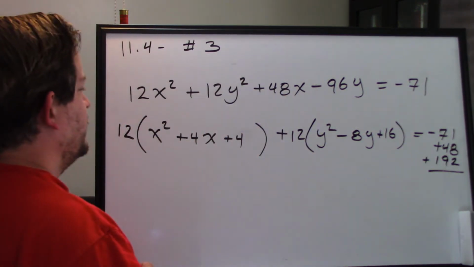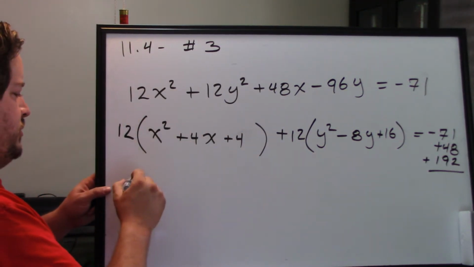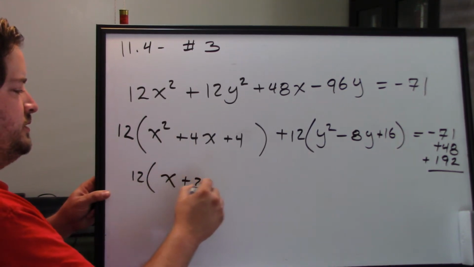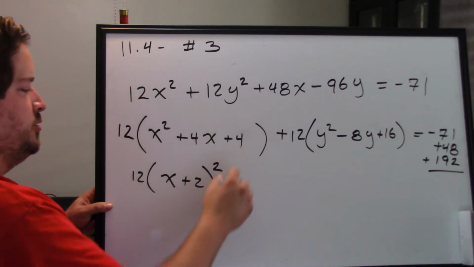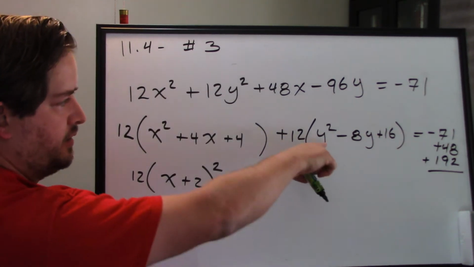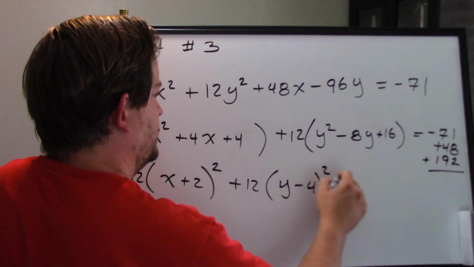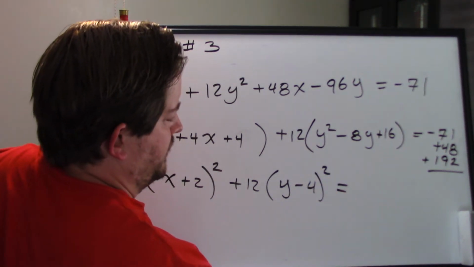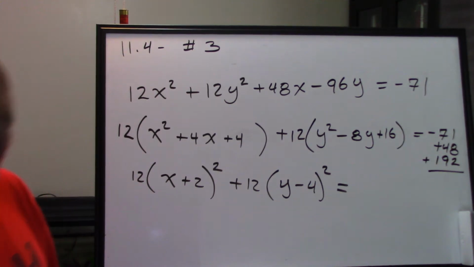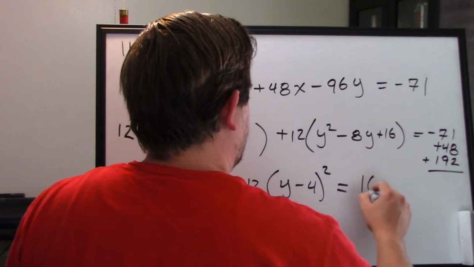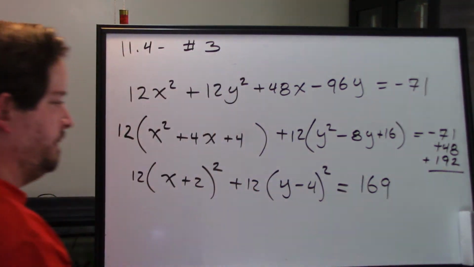So on the left hand side I've got 12 multiplied by x plus 2 squared, that's the square that we just designed, plus 12 multiplied by y minus 4 squared, equals, on the right hand side, 169.